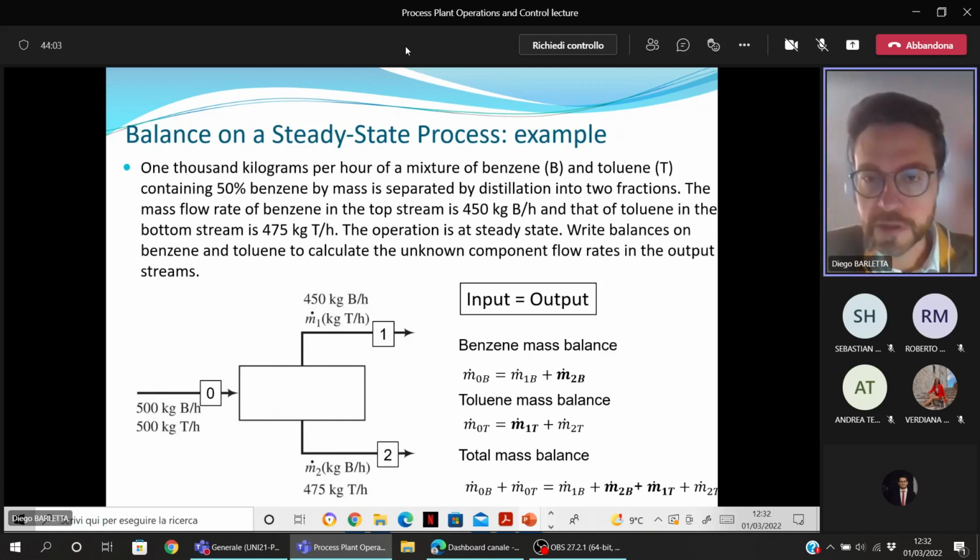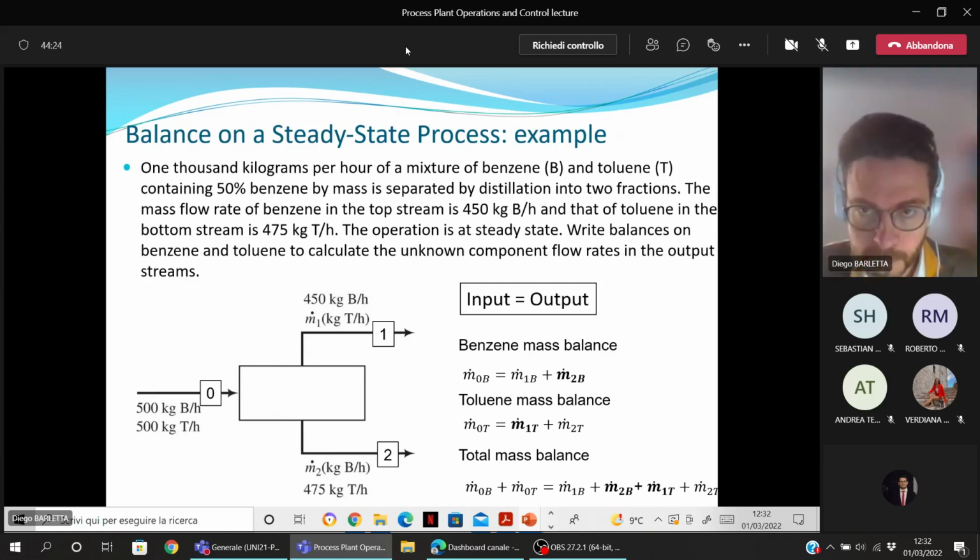m.0b is equal to m.1b plus m.2b. This is the benzene mass balance equation. Then we have for toluene m dot 0t equal to m dot 1t plus m dot 2t.